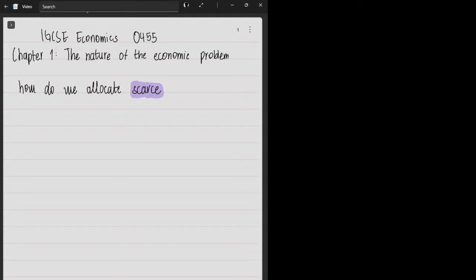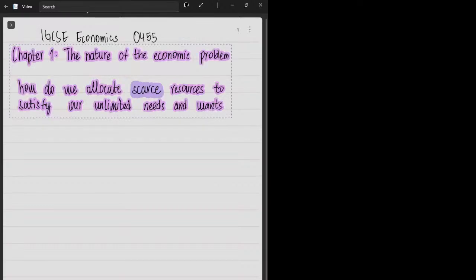How do we allocate scarce resources to satisfy our unlimited needs and wants? So this is basically the nature of the economic problem. This is the economic problem.